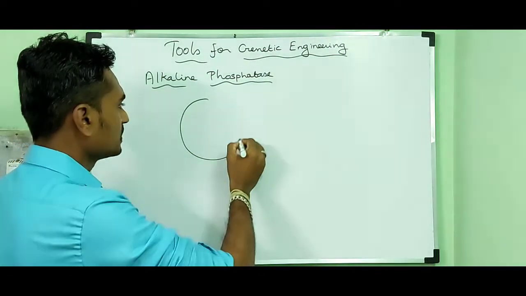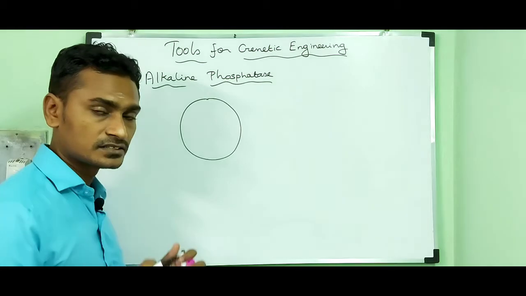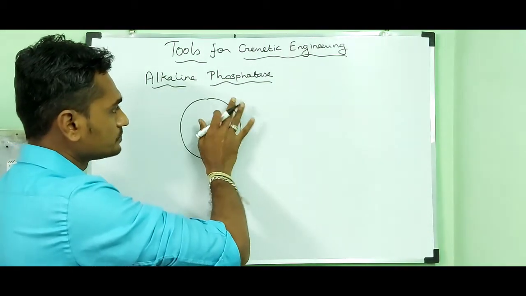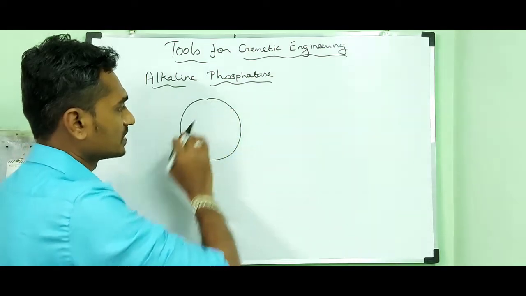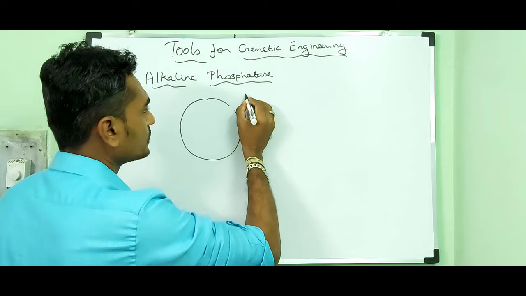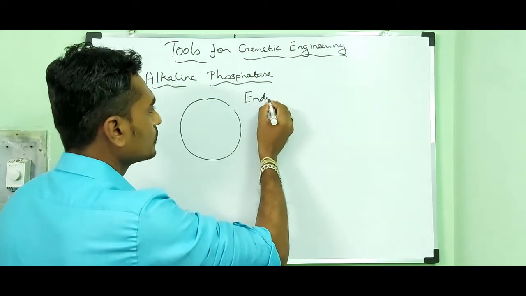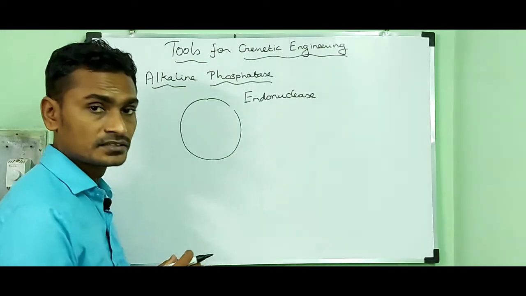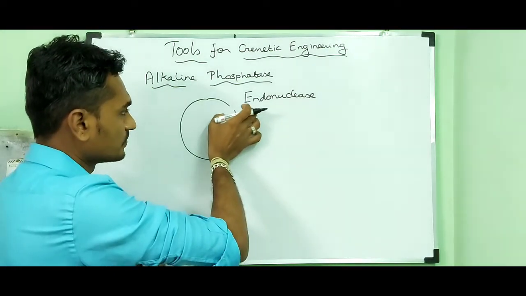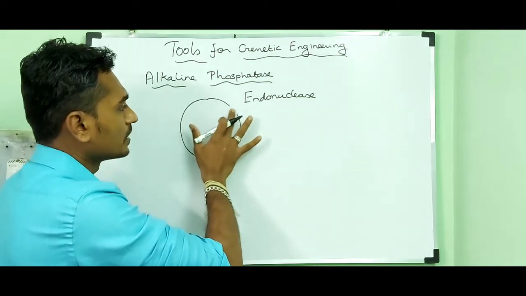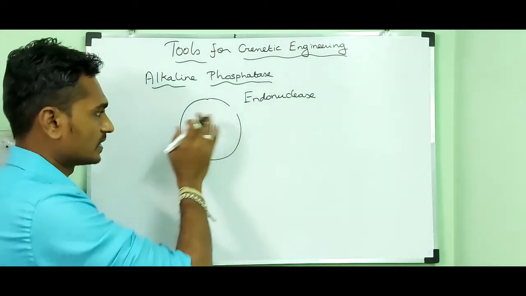Plasmid is nothing but an extra chromosomal material. In the plasmid we are going to make a cut by endonuclease, to insert the gene of interest in the plasmid.